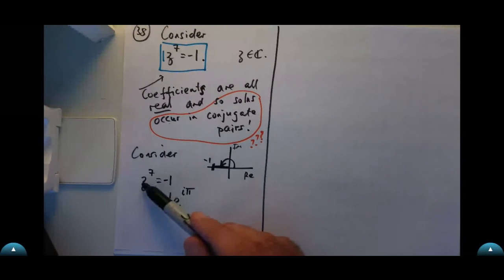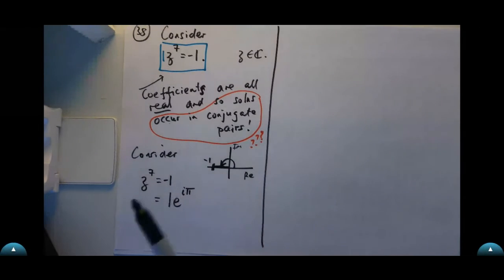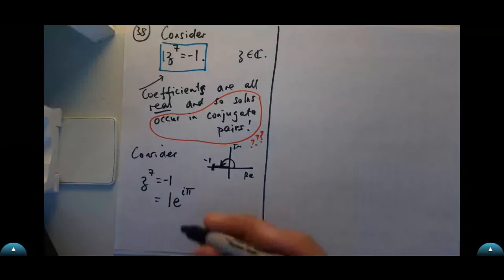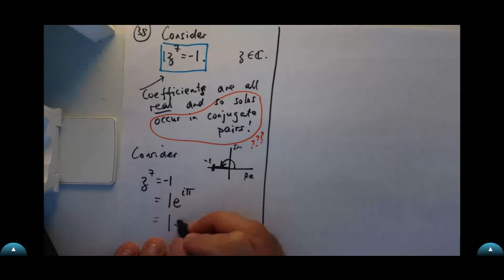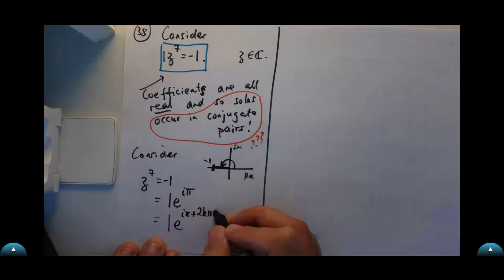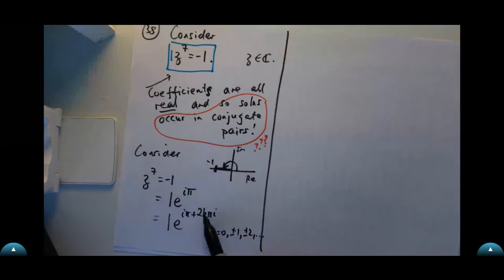Now, these solutions are like Pokemon. You've got to catch them all. So what we can do is write this in the following way. Okay, what that does is it means I can just keep rotating as many times as I like to get back to this position.